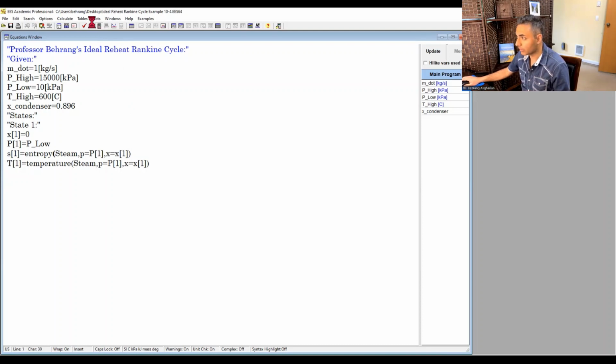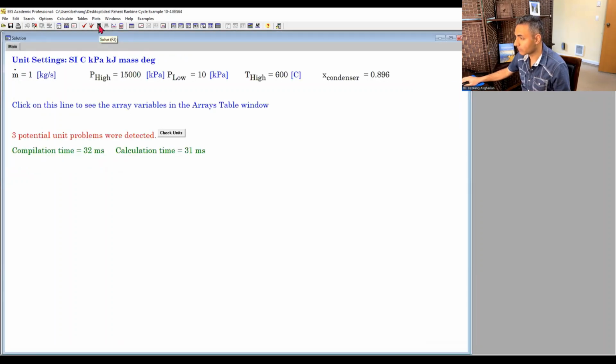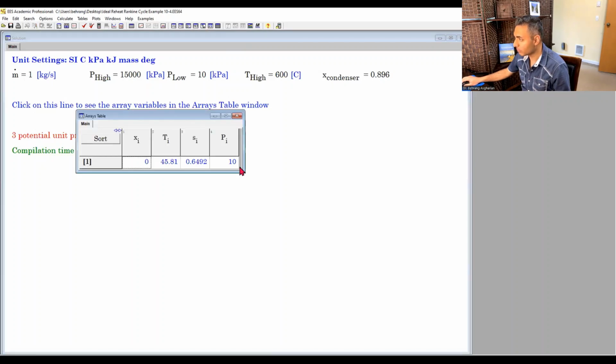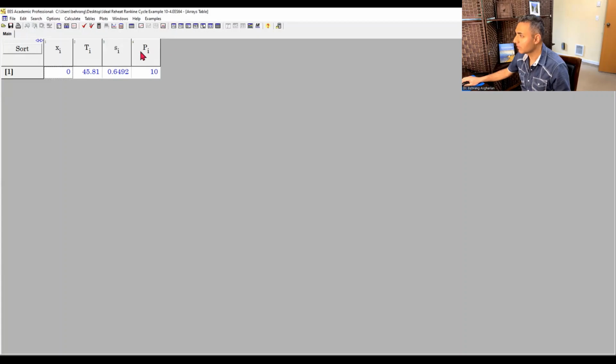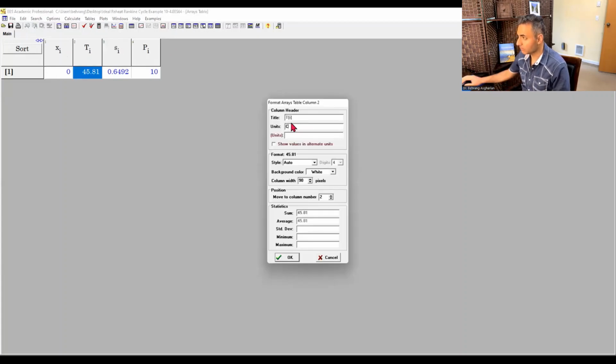What do I do? Usually I run it to see what I have here. So I have some unit problems. It's in the array table. I know what's going on. I bring the array table out, and I can fix the units in the array table. So temperature is supposed to have units, right?